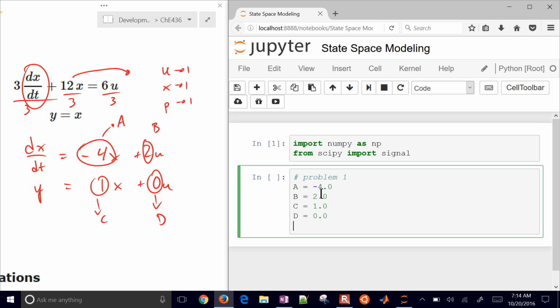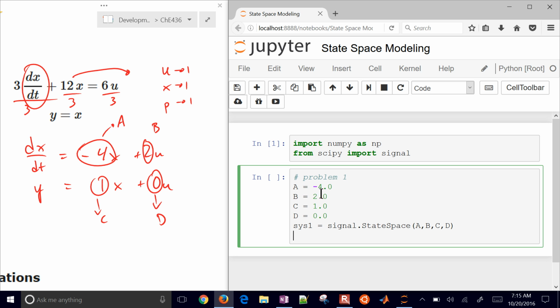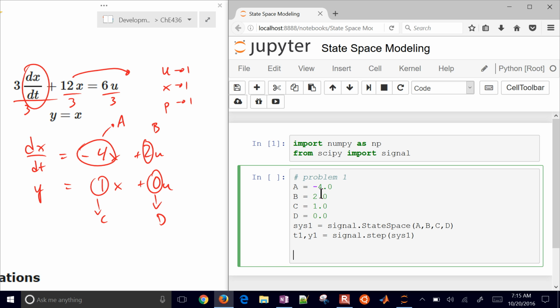And then to put this into a linear time invariant signal form, we just do signal.StateSpace, and then we have our A, B, C, and D. And then to simulate this, we just do T1, Y1 is going to be equal to signal.step, and then we have our sys1 there.